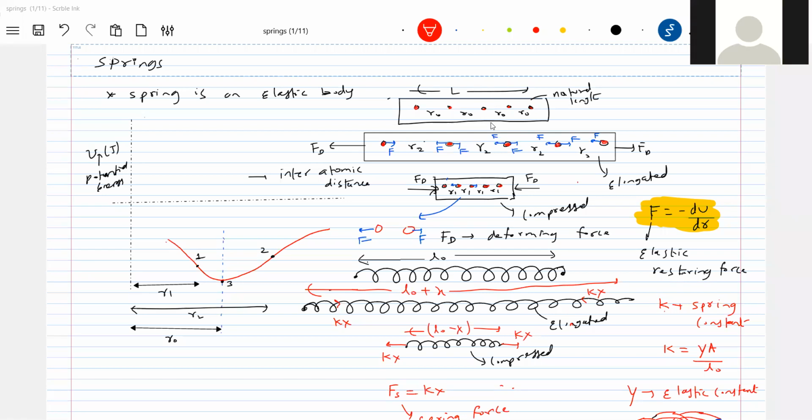The rod is an elastic body, and in the rod we have atoms exerting a force. What if we increase the length so much that the distance between the atoms also increases and the force isn't experienceable? No, asking such illogical questions will not help you here. Practically, this is what happens.